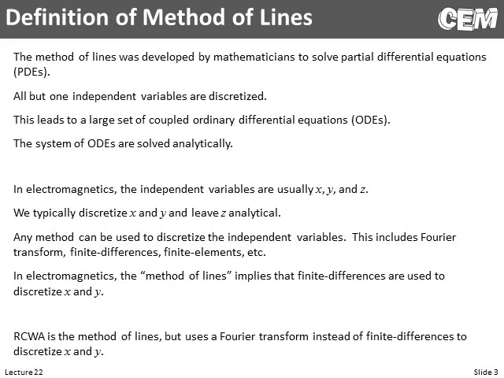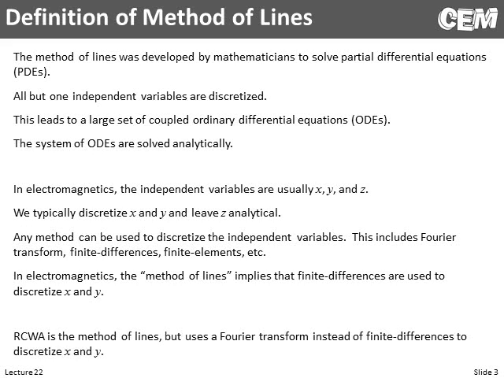We used a Fourier transform there to discretize x and y. And we left z analytical, and we solved that differential equation analytically. And that brought us a lot of benefits that the method of lines also shares. So from a purely mathematical perspective, rigorous coupled wave analysis is the method of lines. It's just in Fourier space.